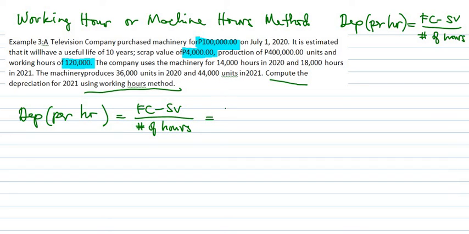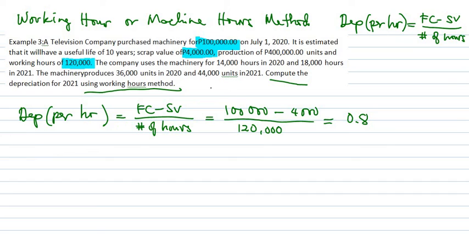So first cost, 100,000, minus the salvage value, 4,000, divided by our hours capacity, 120,000. If we compute this, that is equivalent to 0.8. So take note, this 0.8 is the depreciation per hour.